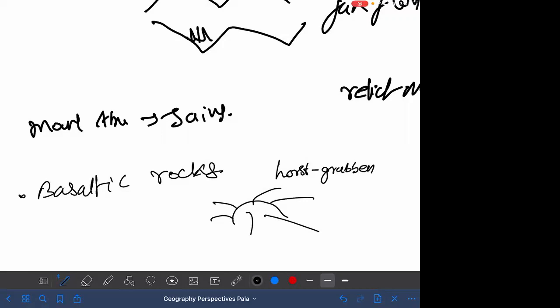Demarcated by the river Narmada to its south, the Vindhyan range paves way to its southern counterpart called Satpura, which has an average elevation of about 1,300 meters.